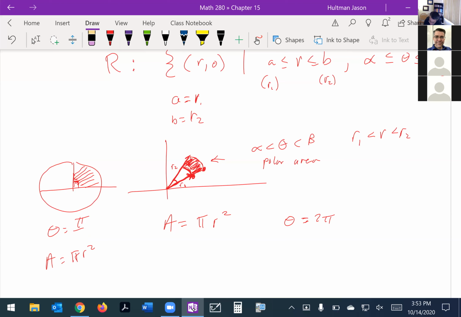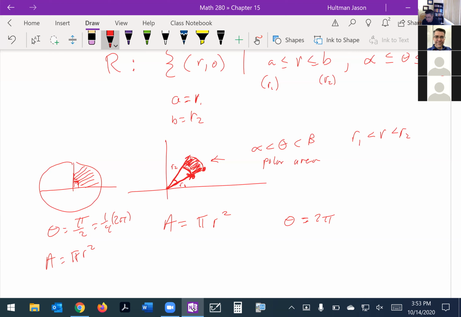I'm sorry, my bad. This pi over 2, which is 1/4 of the circle, we can think of as 1/4 of 2 pi, right? So that's 1/4 of 2 pi.